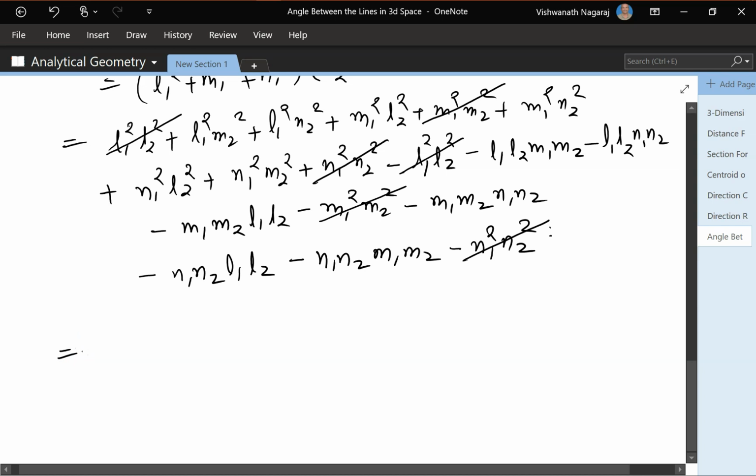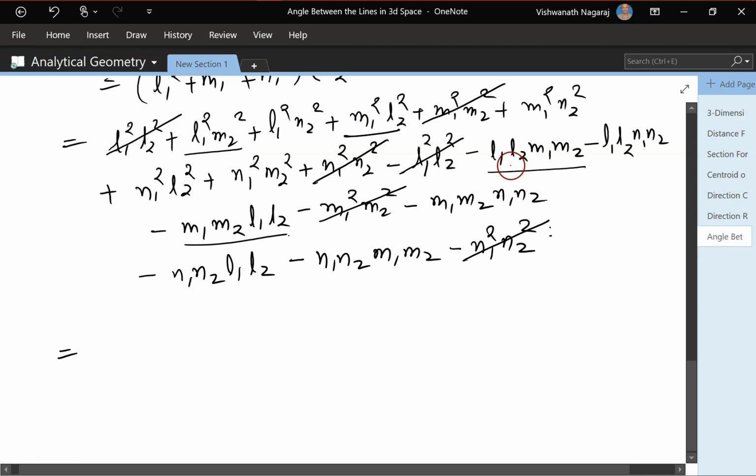Now apart from that, if you look at this, the l1 m2 terms and the m1 l2 terms, look at these four.